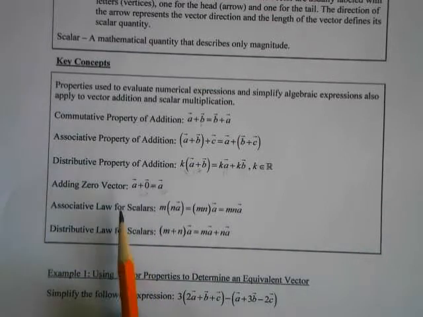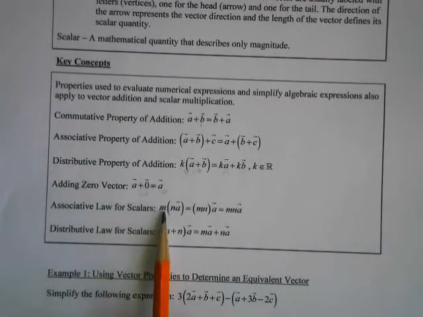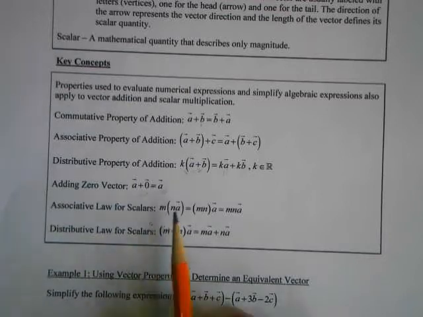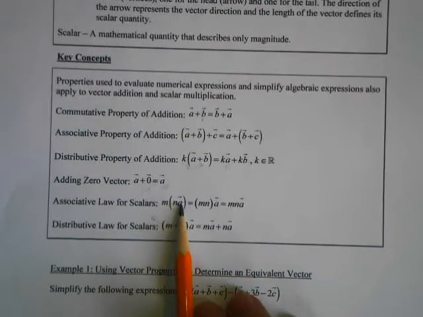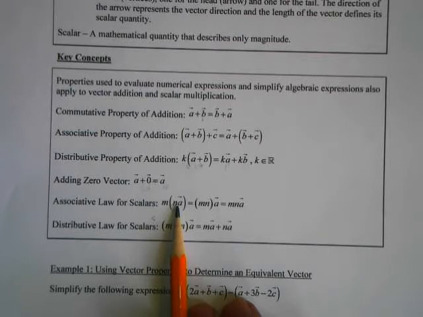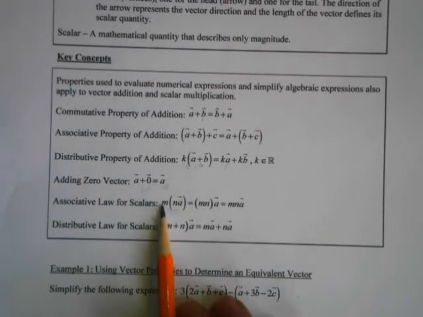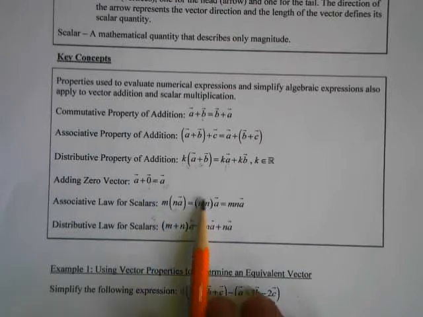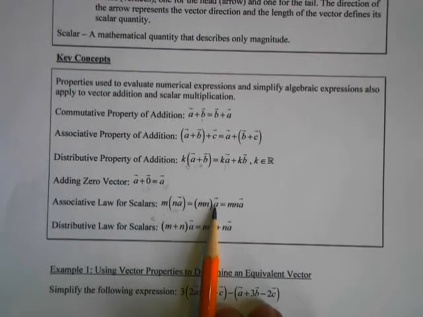And then associative law, once we start combining more than one scalar, and you're multiplying a by two scalars, m and n. Again, this is showing that it doesn't matter how we apply this. We could, in this case, multiply vector a by the scalar n, and then multiply the result of that with another scalar, or we could just multiply the two scalars together and then multiply by a.